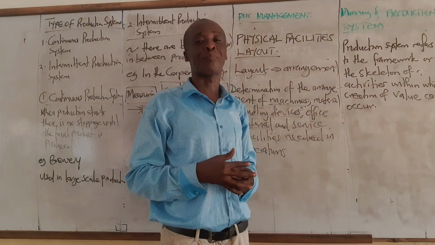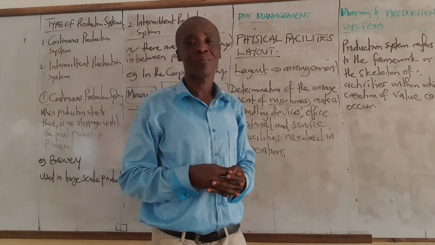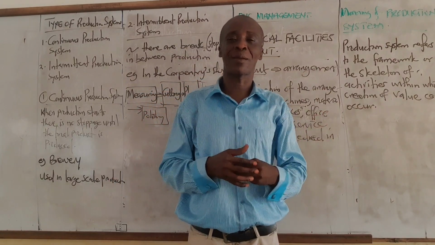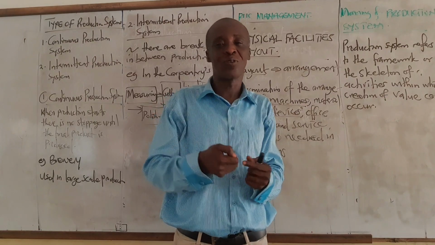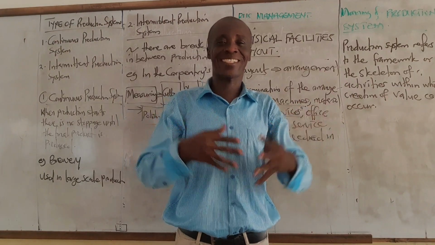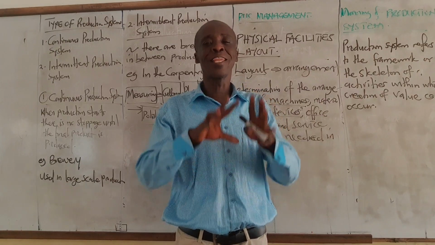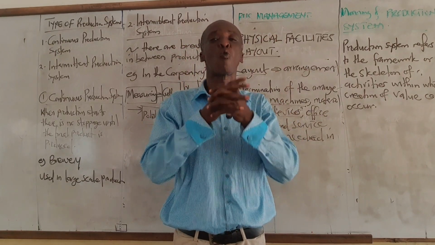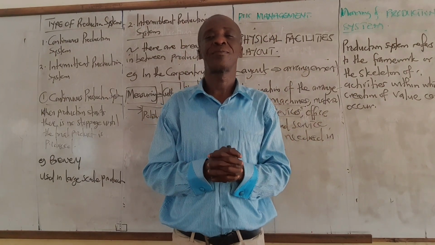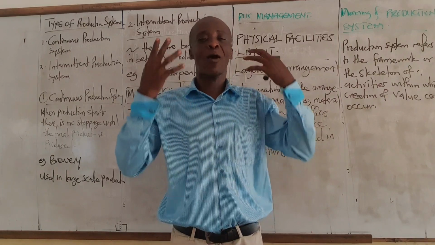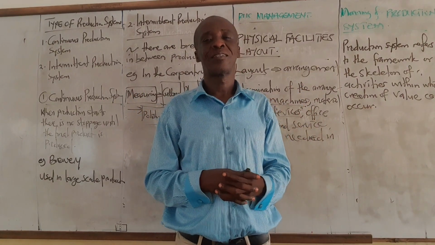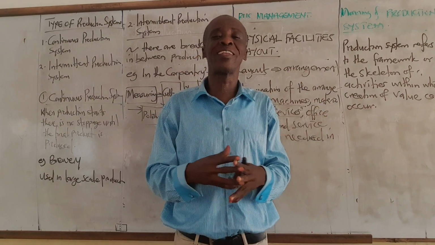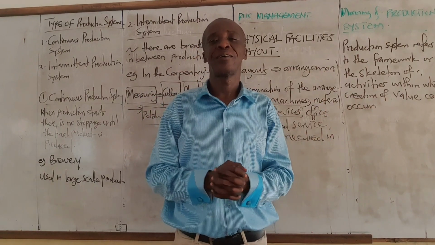Production system. What is a production system? Now, production, that creation of value, occurs in a certain framework. Now, when you look at even human beings, our body, as a system, what will be the framework?